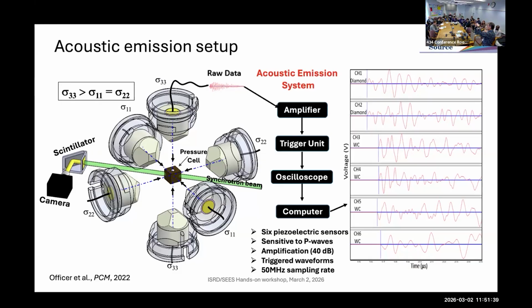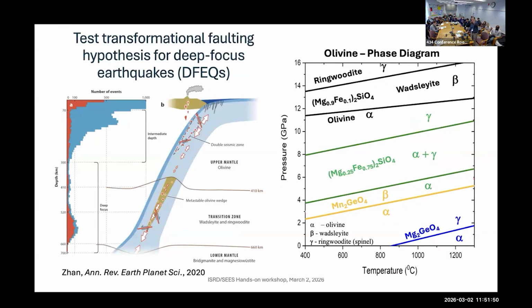Using this, we can generate brittle deformation while monitoring the energy burst that this fracturing generates. So of course, we know this. This is one of the examples where we do many different types of experiments using acoustic emission, to understand the deep focus earthquake mechanisms.